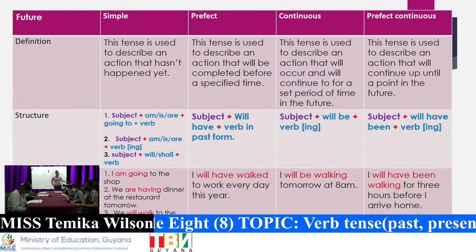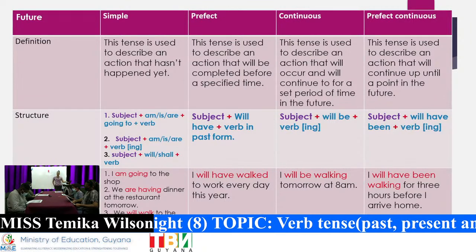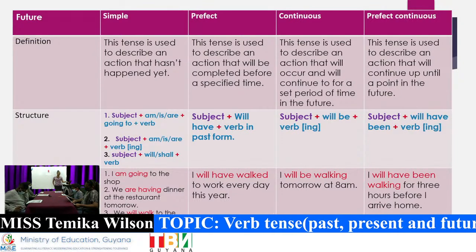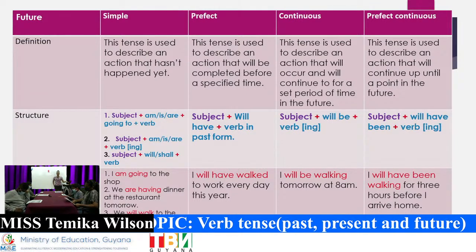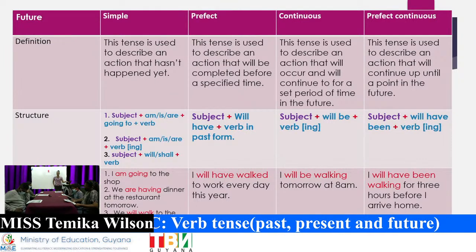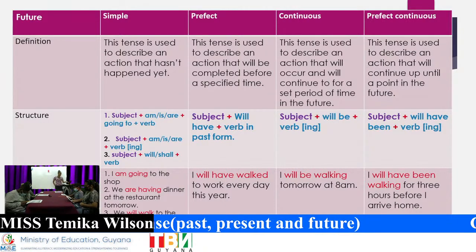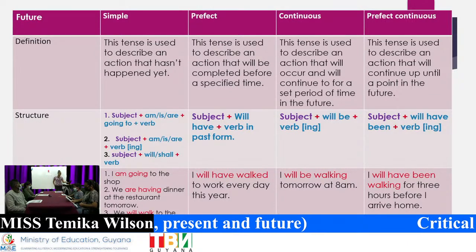The structure is subject plus will be plus the verb ending in ing, and we notice all of the continuous ending in what? ing. Good. I will be walking tomorrow at 8 a.m.